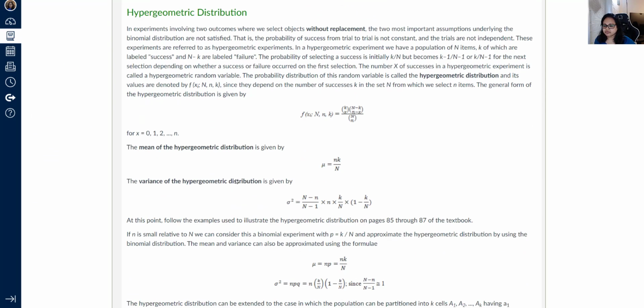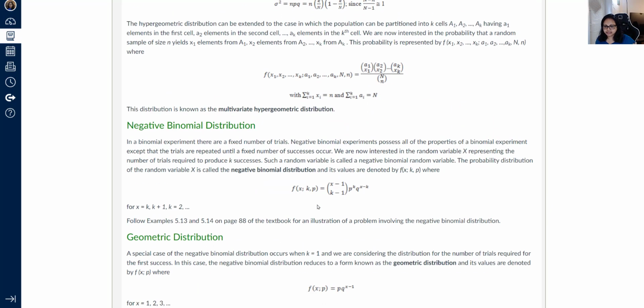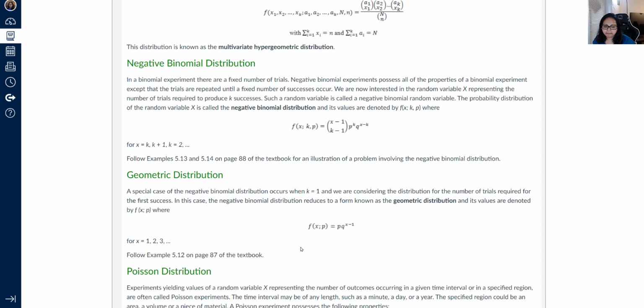If I give you a situation, you should be able to identify what kind of distribution to use, identify the parameters, and then find the probabilities, just like I'm showing you in the Excel file.